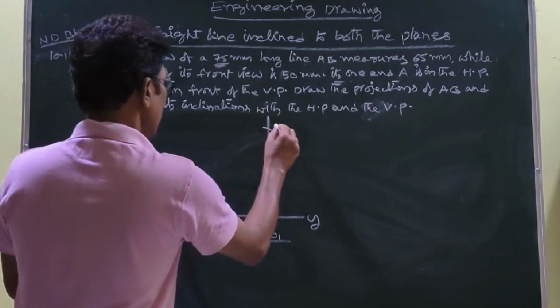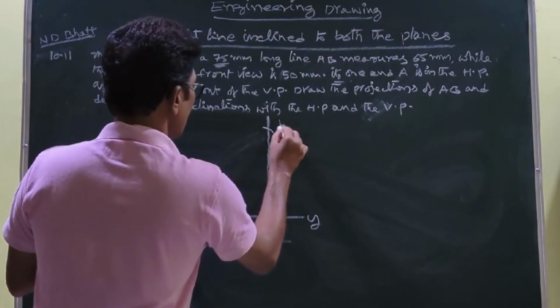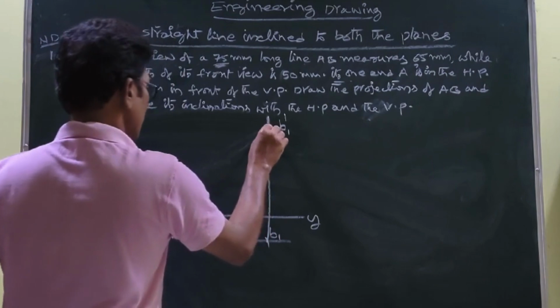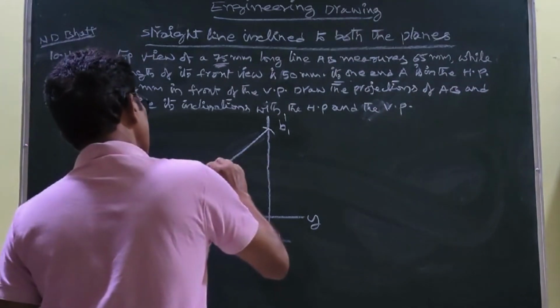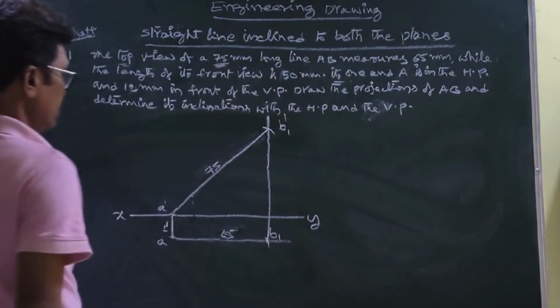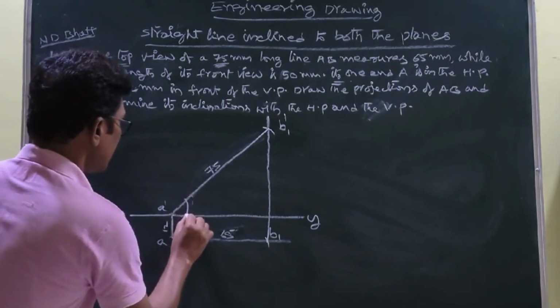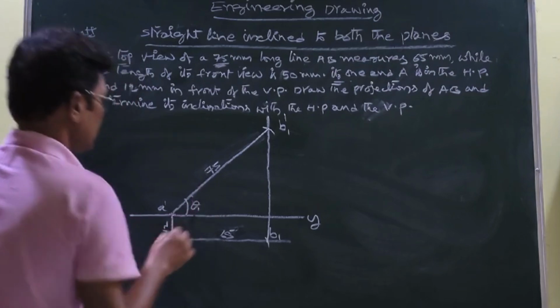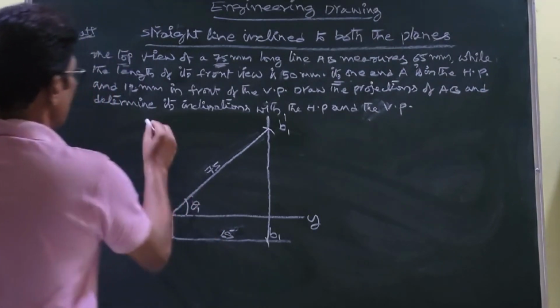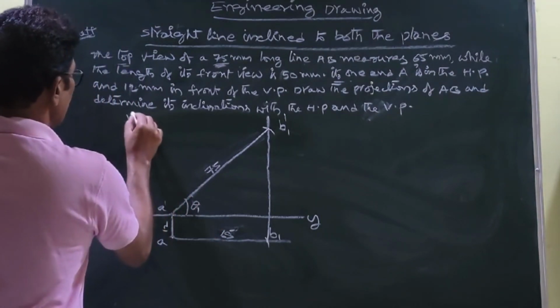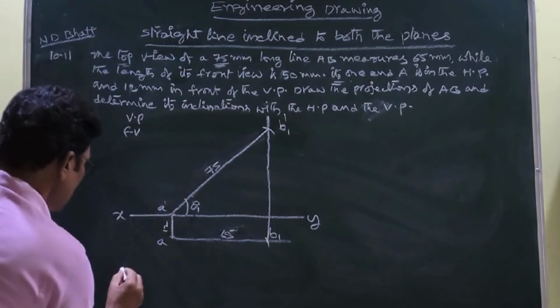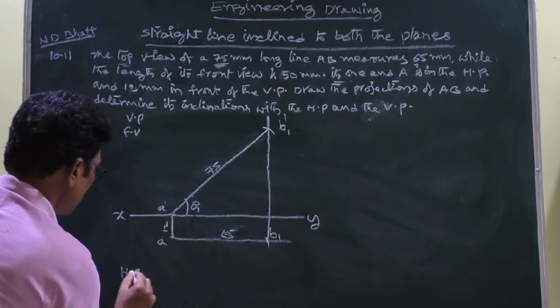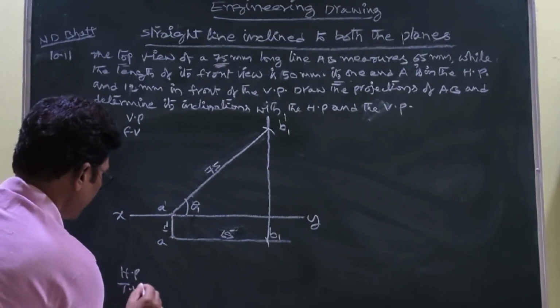Let us name this B1 dash. You join this one. This is the 75. This angle we don't know, let us say theta 1. Of course, this is the vertical plane, front view. This is the horizontal plane, top view.